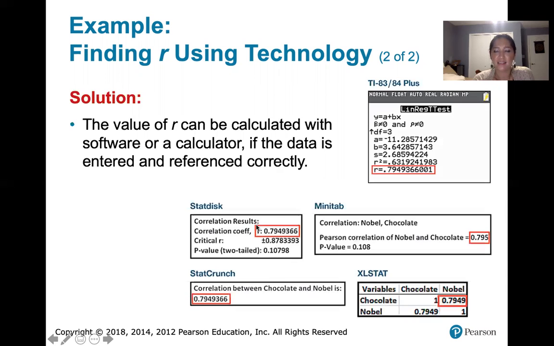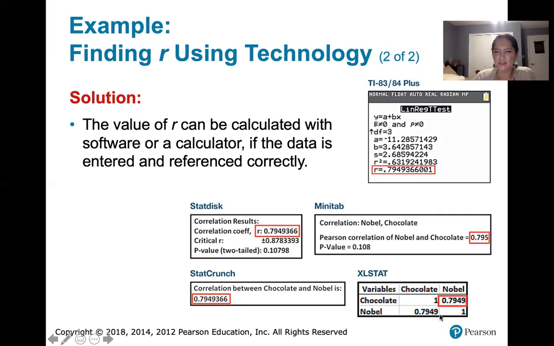Now you can use StatDisk. The output will look like this. You can use Minitab. The output will look like this. StatCrunch gives you this output. Excel's Stat, that's for Excel. The statistics package that you can actually download to your Excel program. And it gives you this little output here.